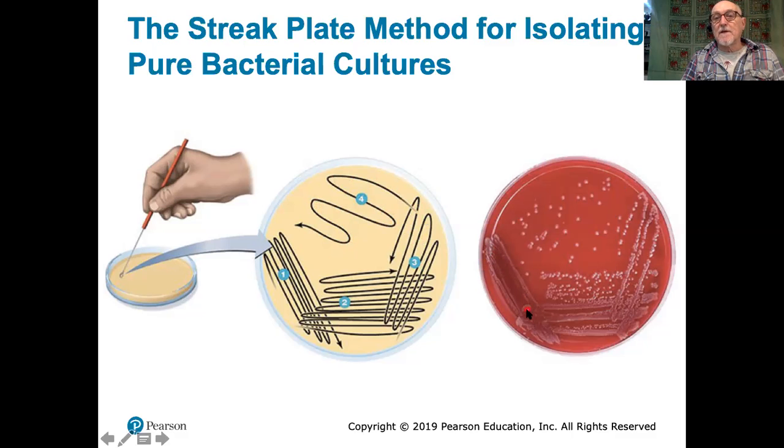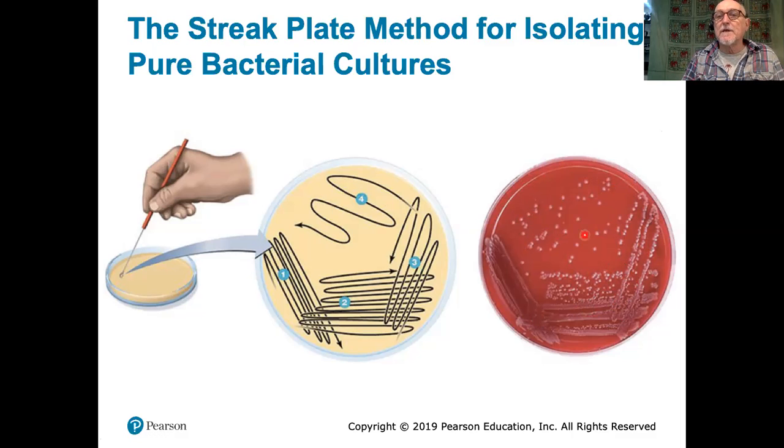Here's your first streak, thick with bacteria, right? There's your second, but all you've done is you've picked up far fewer than there are in the whole thing. You picked up a few there and you spread them over there. Here, you've done the same thing. You spread all the way here, and now you've spread here, and here at the end of your streaking, you end up with beautifully separated colonies.